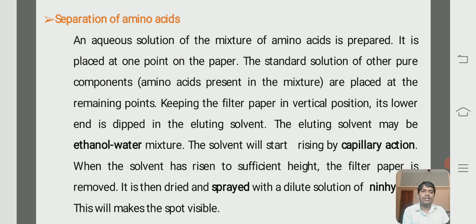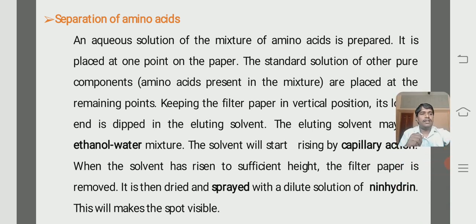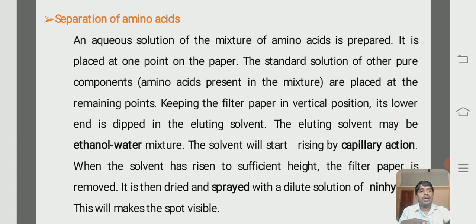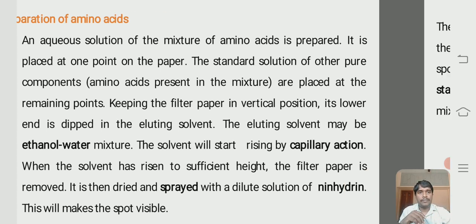When the solvent has risen to sufficient height, the filter paper is removed, dried and sprayed with a solution of ninhydrin. Why are we using ninhydrin? By making use of ninhydrin, the spots will become visible. For that reason, we are using a ninhydrin solution here.